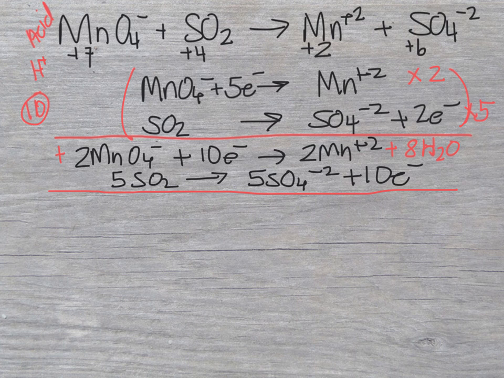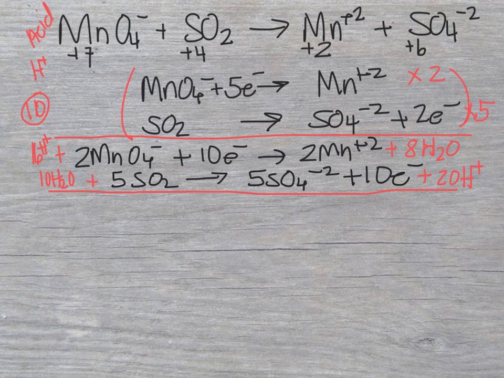So 8 times 2 is 16, so I'm going to have 16 H pluses. Next line down, we're going to do the same thing. We have 10 O's on the left and we have 20 O's on the right. So over here, I'm going to need 10 H2O. And over here, I'm going to add then 20 H pluses.